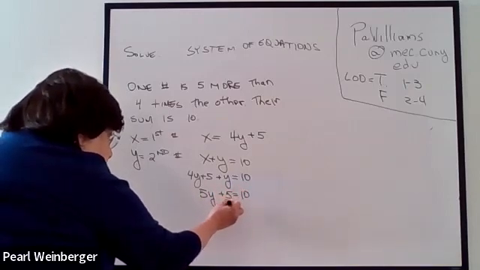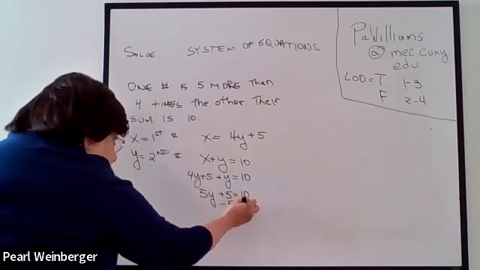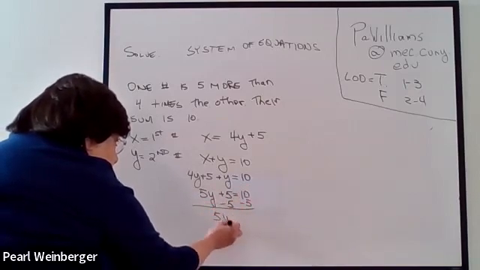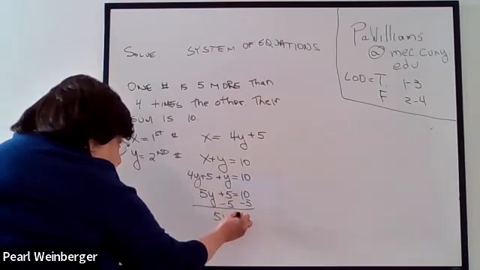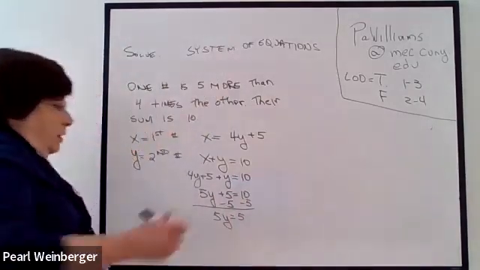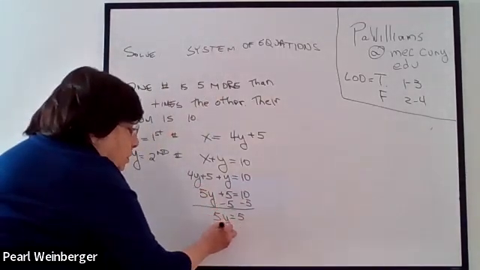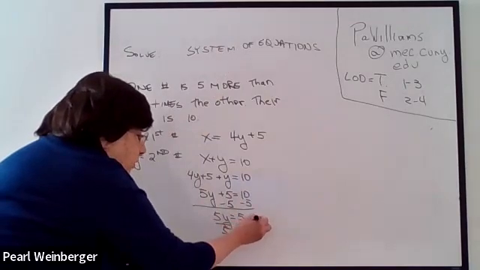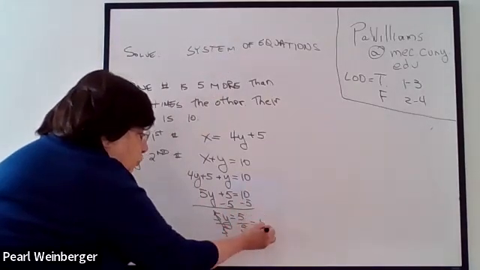And I'll subtract this 5 from both sides. So I get 5y equals 5, because 10 minus 5 is 5. And then divide by 5. And it gives me that y equals 1.